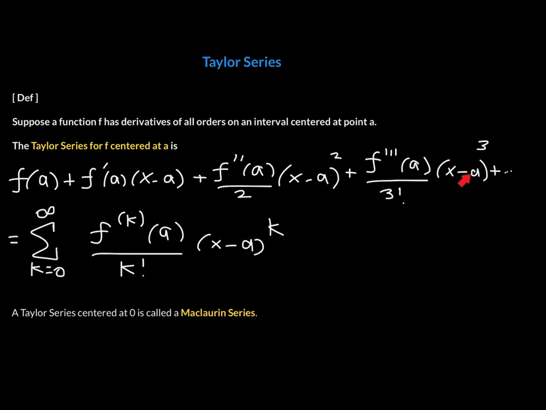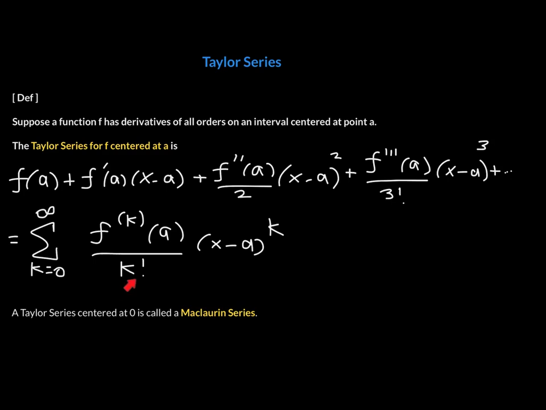So really a Taylor series is a Taylor polynomial where we allow n to extend indefinitely. Basically, you're letting n go to infinity. So a Taylor series will go from k equal to 0, not to n, but to infinity. This is just a natural extension of a Taylor polynomial.